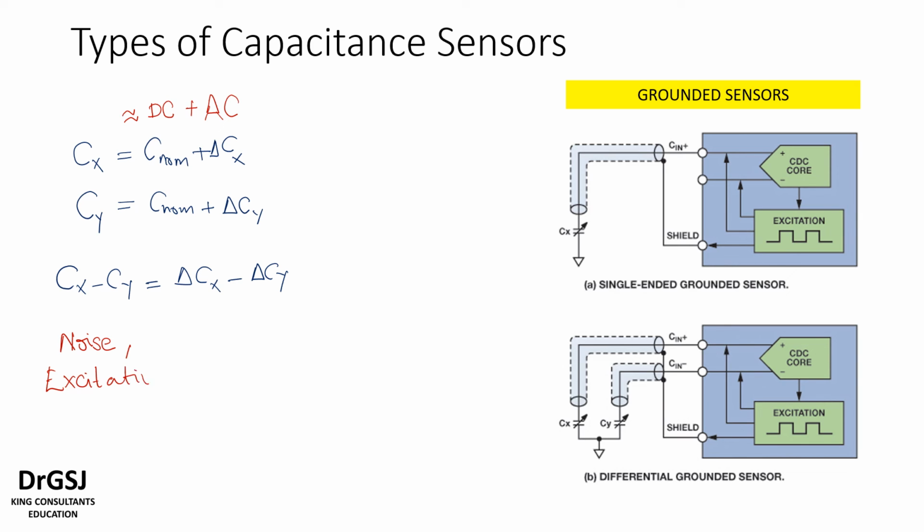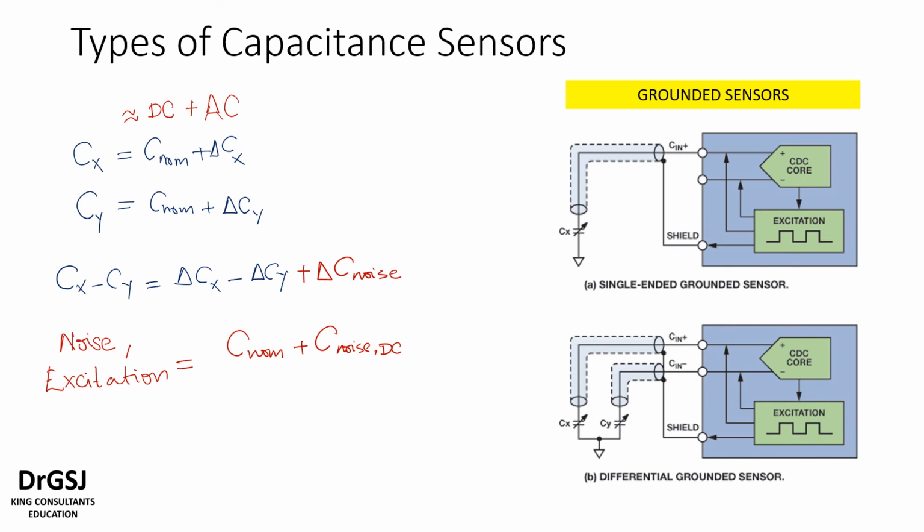any noise present in the excitation gets generally associated with the C norm. Norm stands for nominal capacitance. So the C noise, a major portion of it will go into DC, and what will be left over, any AC related or dynamic component, might get added or subtracted, and I will call this delta C noise.